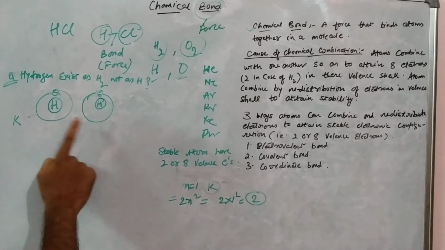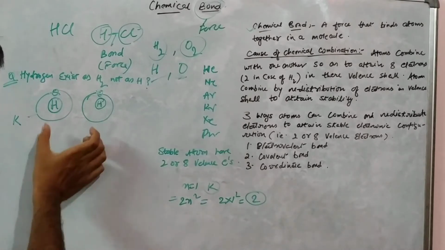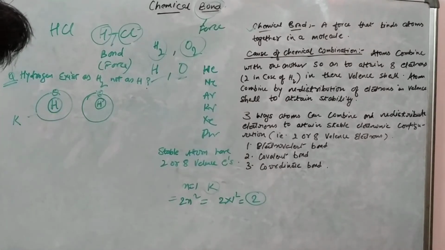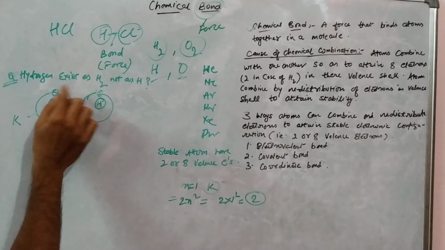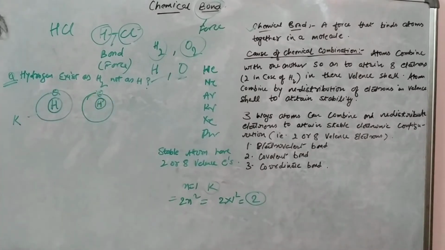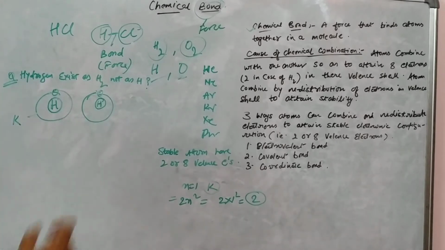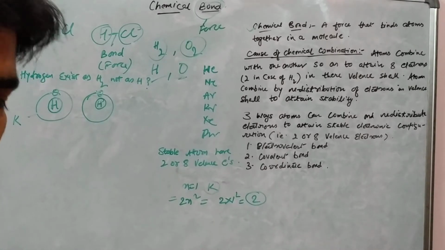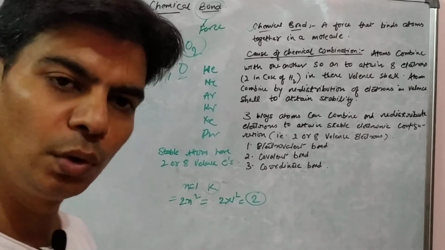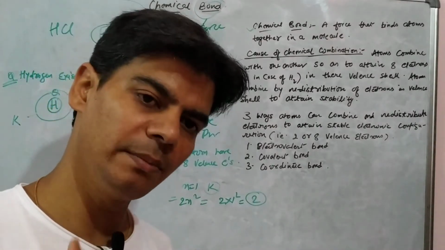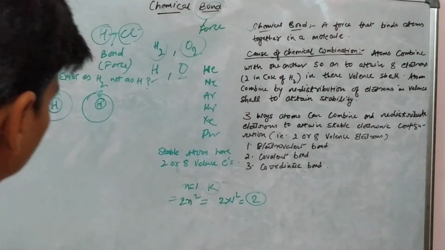So these two atoms will share their only electron. Once they share their electrons, both will attain 2 electrons in their outermost shell, and they'll become stable.